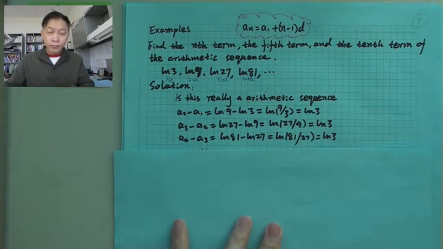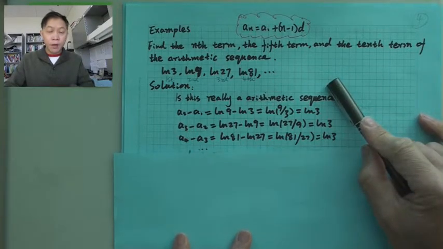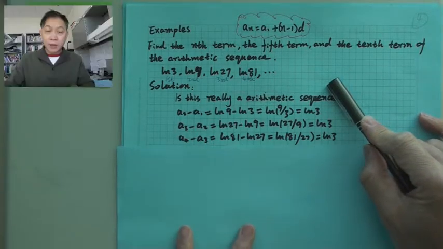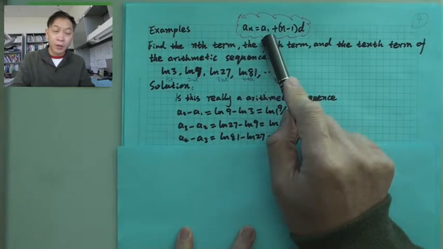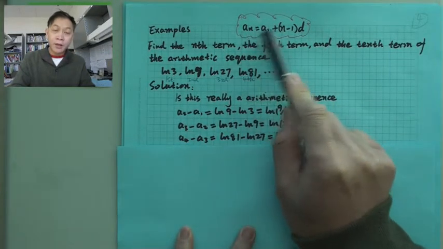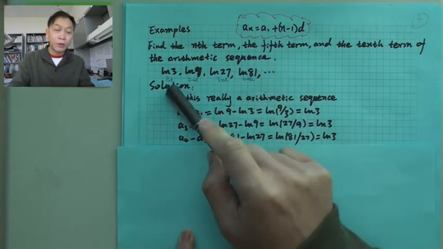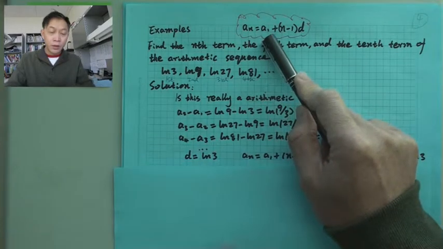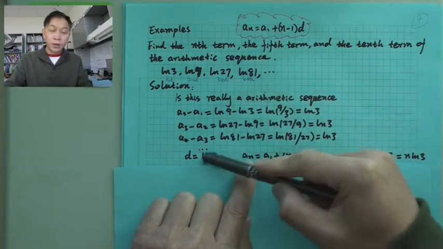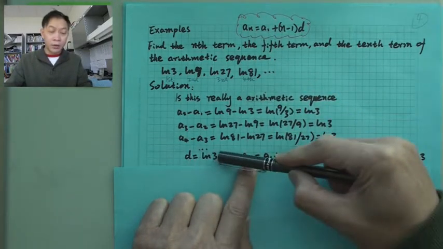All right. Now, based on the formula, we know the first term is natural log 3. The nth term then equals what? Natural log 3 is the first term, and we know D already. D is natural log 3.